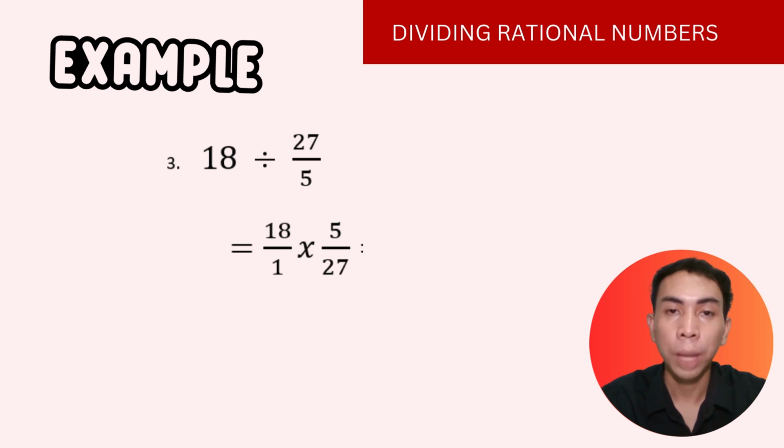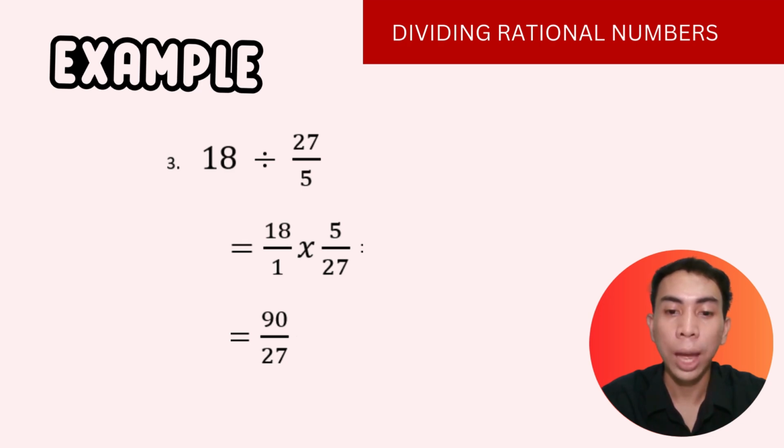So we can multiply both rational numbers. 18 times 5 is equal to 90. And for the denominator, 1 times 27 is equal to 27. So we'll have a result of 90 over 27.